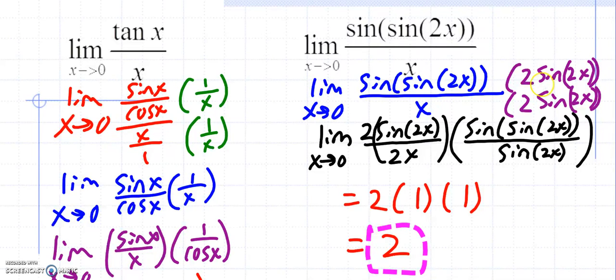So for instance, this sine of 2x, this 2, and this x are this group here. Okay? The 2, so let's use a different color. The 2 right here, that's just that 2. I just put that in front because that's not going with anything else.